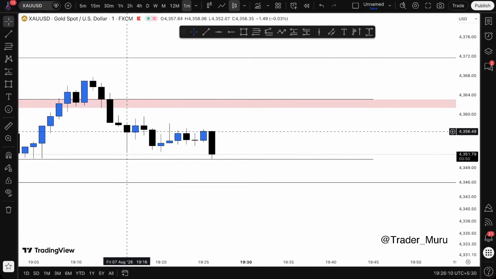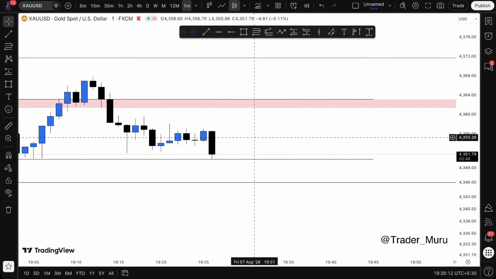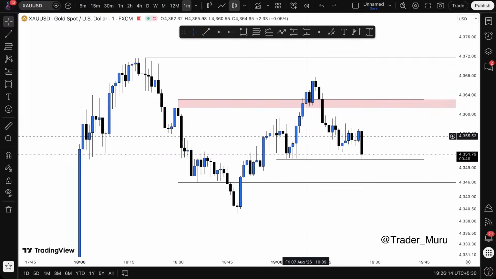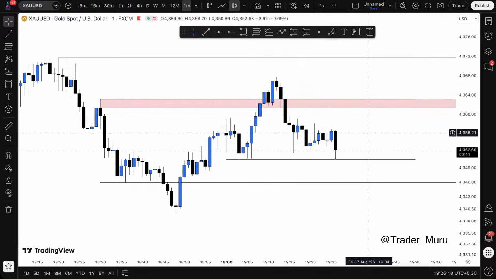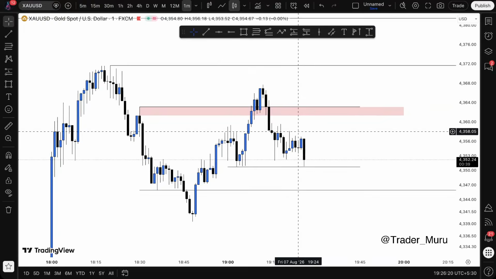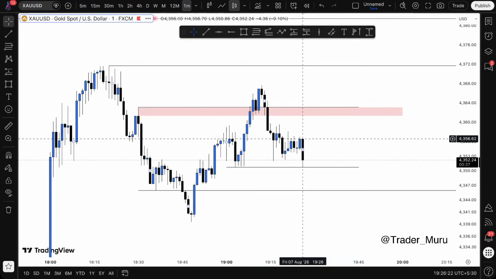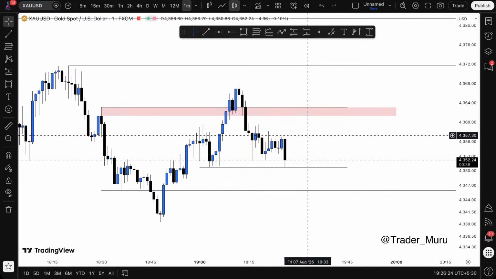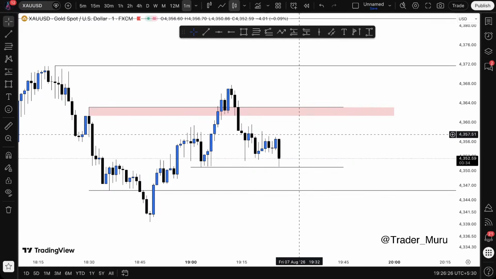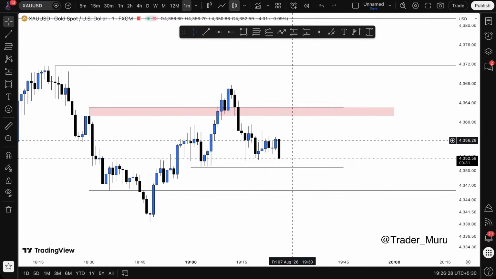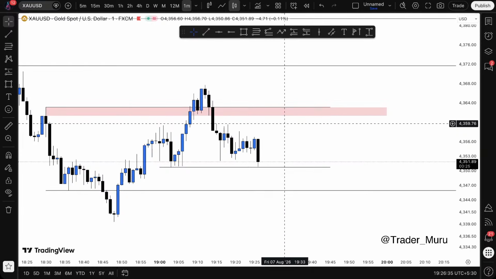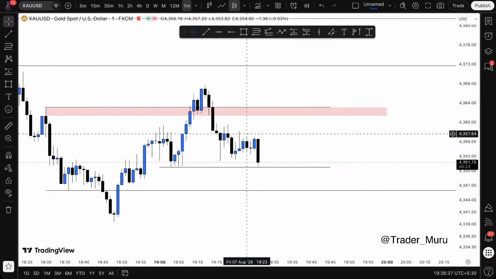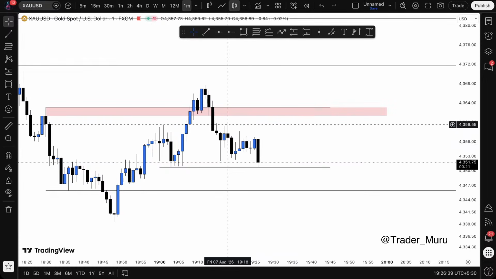1 minute rejection. Short. There is short, but in only 1 minute time frame. Brother, I told you if you want to short here, you have to use stop loss above this high.